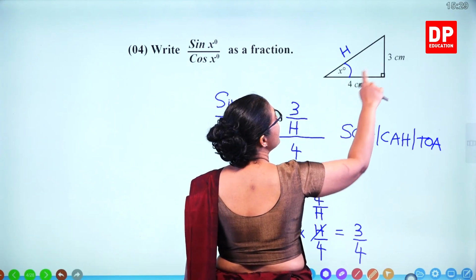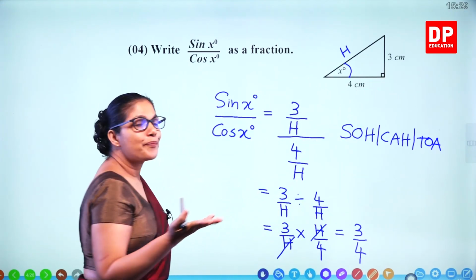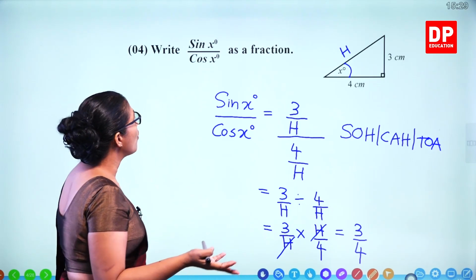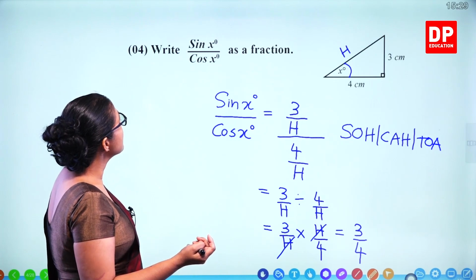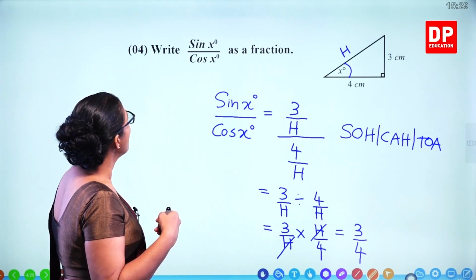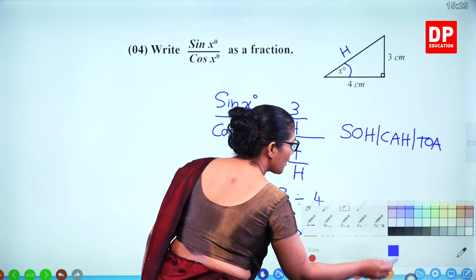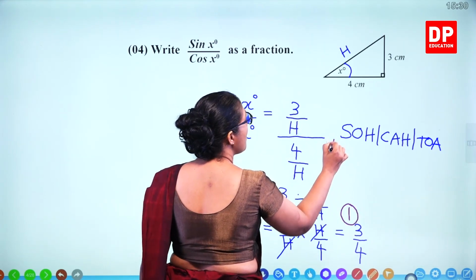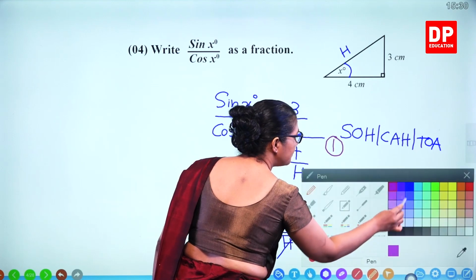You can find it using Pythagoras, but you are wasting your time because it gets cancelled out. So sin x over cos x, you get 3 over 4. So 2 marks. 1 mark for this and 1 mark for the method.